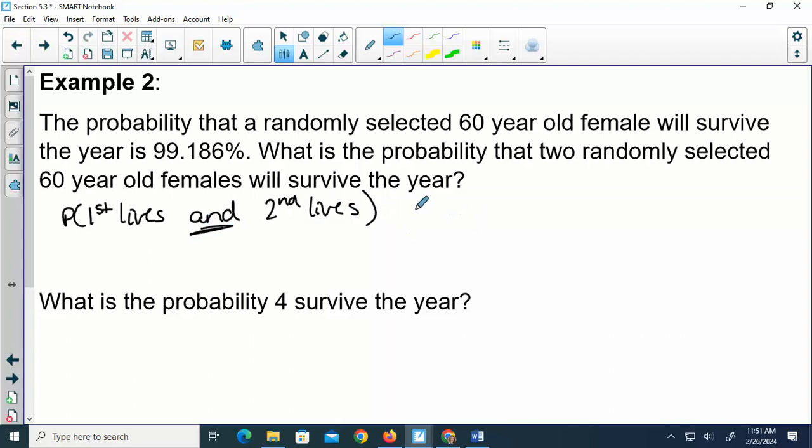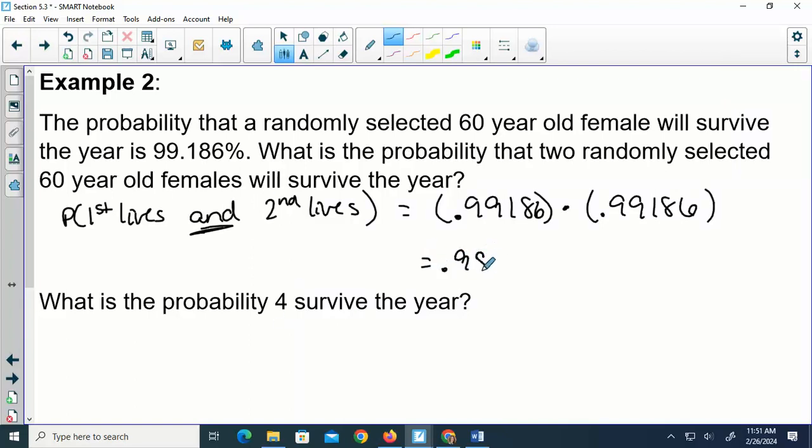And means multiply. So the probability the first one lives is 0.99186, times the probability the second one lives, 0.99186. So we get 0.9838.